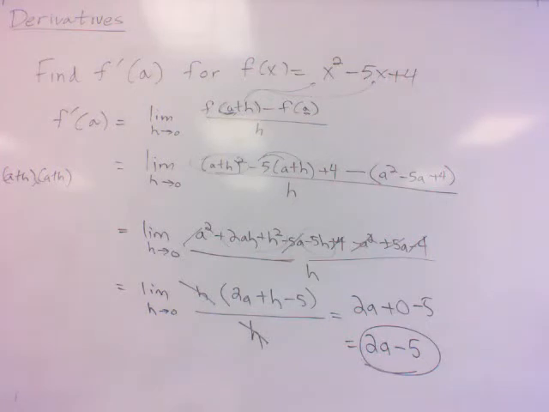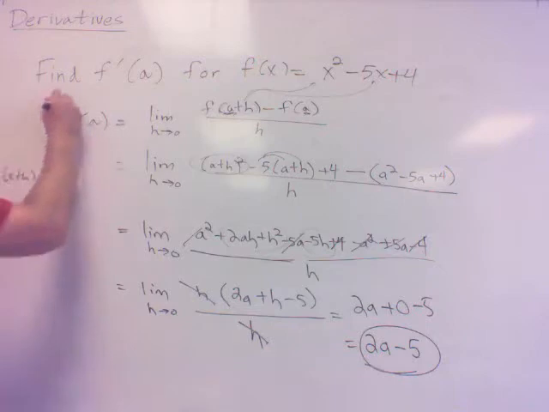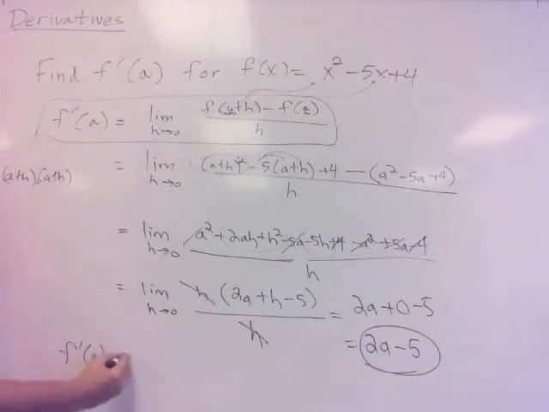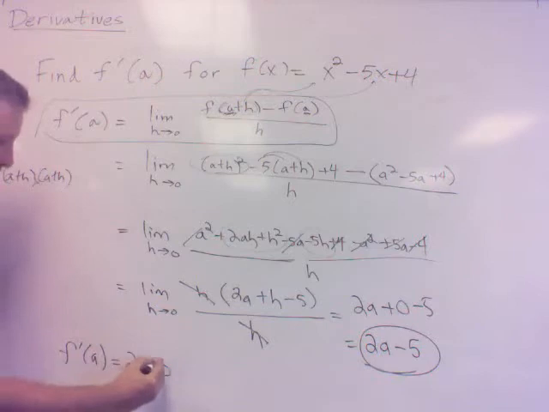However, since we're focusing now exclusively on this one, think about this. What this means is the derivative, so we've got the derivative of A is 2A minus 5, whatever A is.